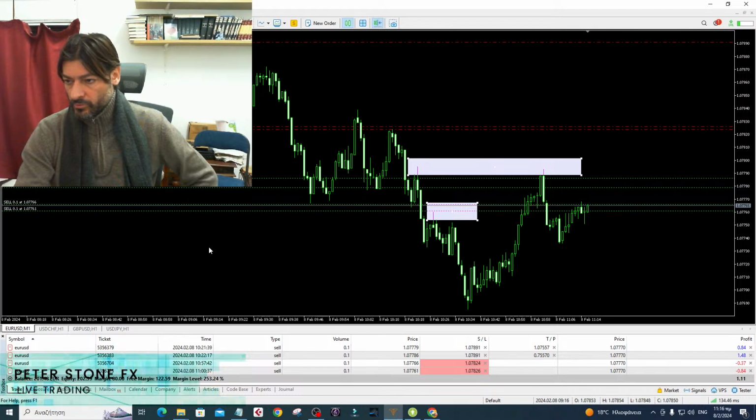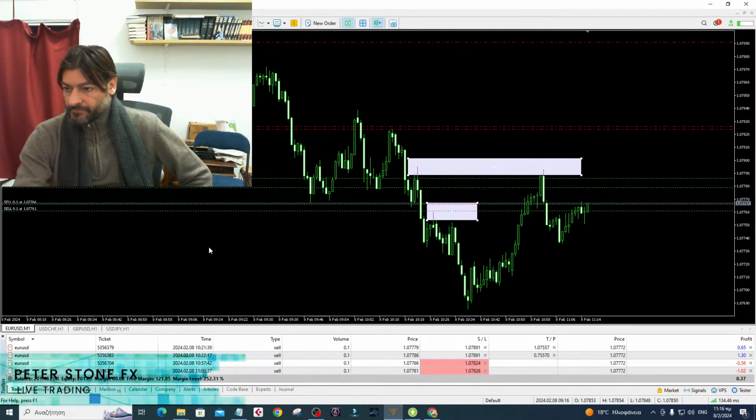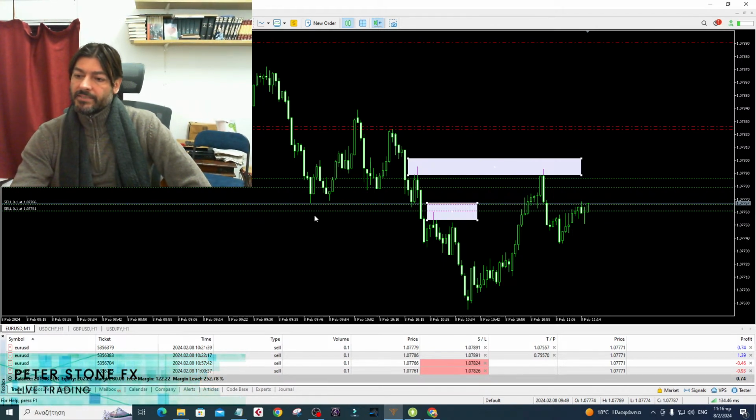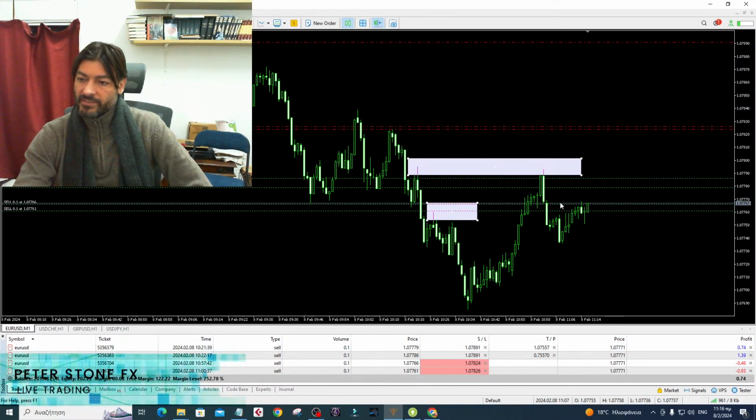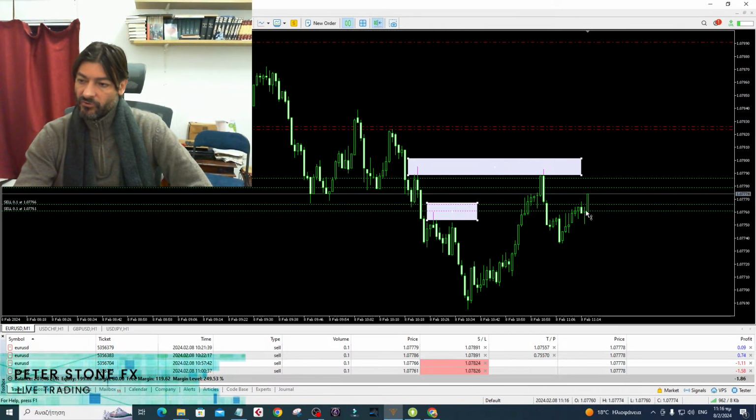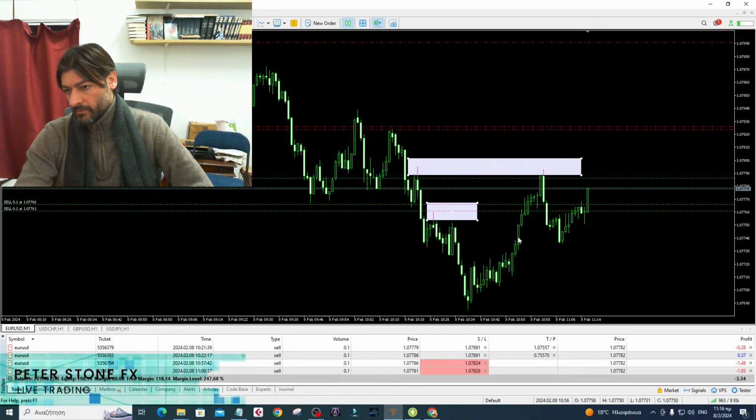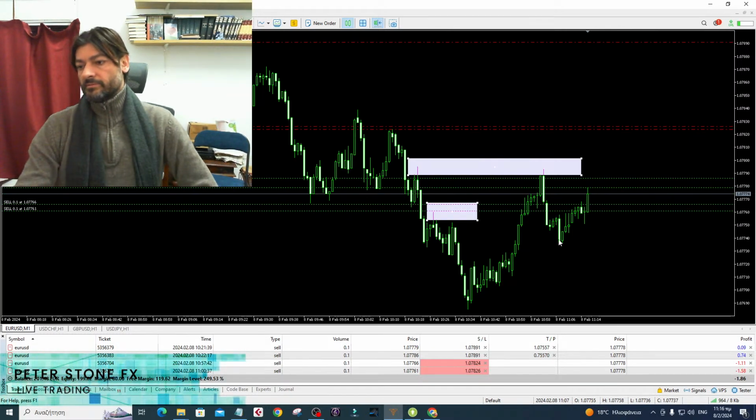I'm just adding to my position. And I am anticipating that this area will act as a mitigation block, as an area of resistance, and also this fair value gap. Even if I see volume in this one now, I hope it doesn't hit my stop loss because of this fair value gap and this that's here.